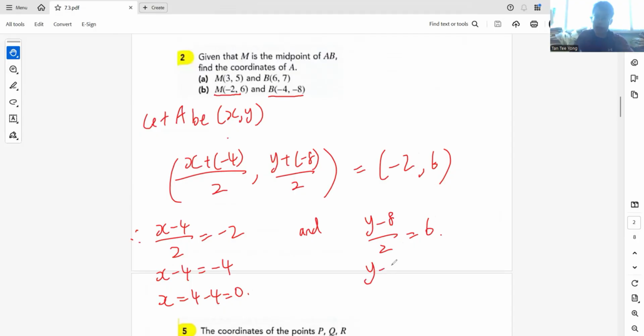As for y, y minus 8 equals 12, so y equals 12 plus 8, which is 20. Therefore, our coordinate A is (0, 20). Basically we are making use of the midpoint formula to find coordinate A. So this is it for question 1 and question 2.